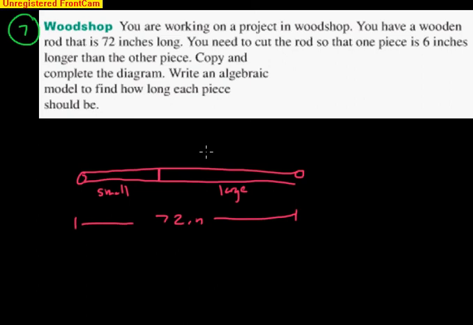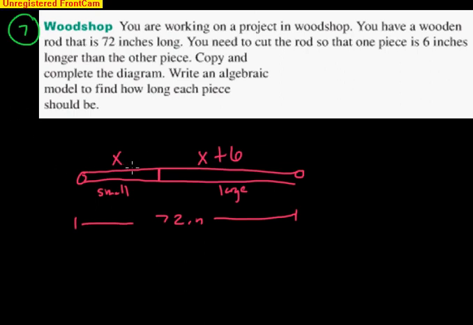So one piece has to be your variable, and the other piece is referenced from that variable. Well, it says that one piece is 6 inches longer than the other. So the smaller one, let that be x. So then the larger one is 6 inches longer. If it says longer, bigger, greater than, that means addition.